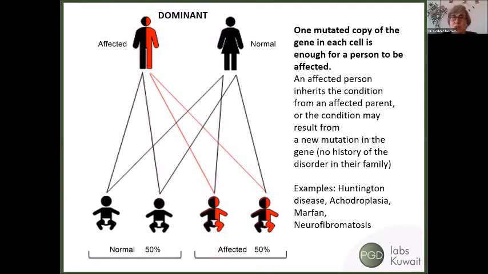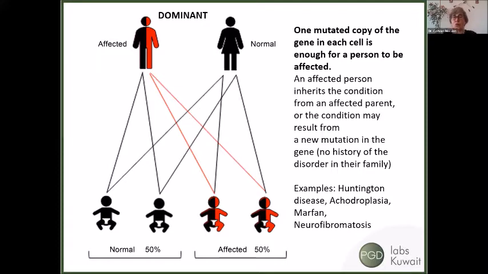Dominant disease. In a dominant disease, we only need one copy of the gene to be mutated to be affected. As I told you, for each gene we have two copies, so with only one mutated, it's enough to be affected. This means that having a normal copy of the gene is not enough for this gene to work properly and perform its function.